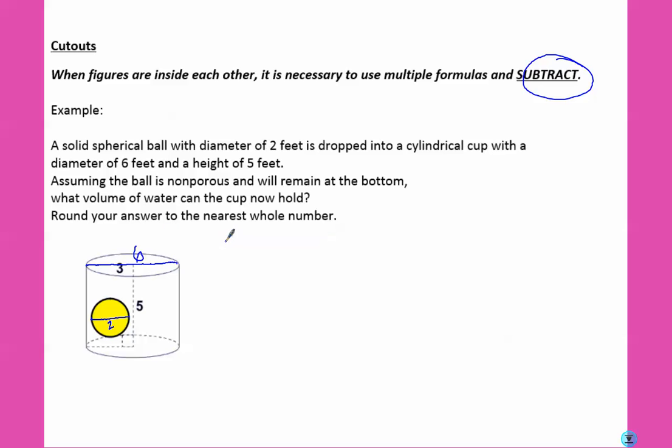So what we're going to have to do is find the volume of the cylinder. We're going to have to find the volume of the ball, or the sphere, and then we're going to subtract them. So volume of a cylinder, if you look on your formula sheet, is pi r squared h.